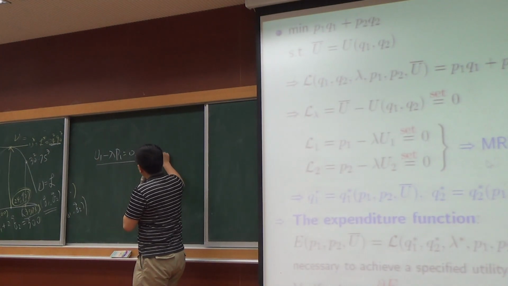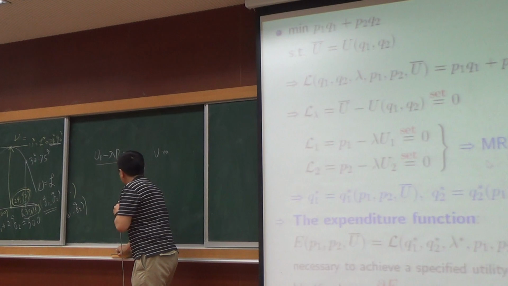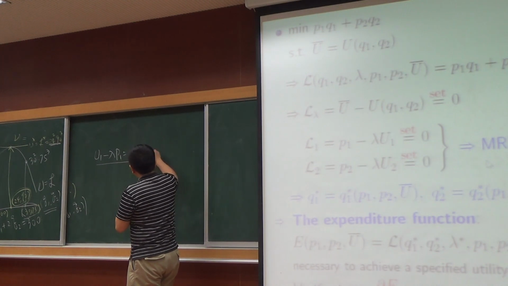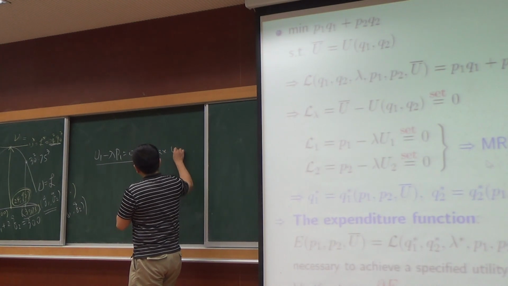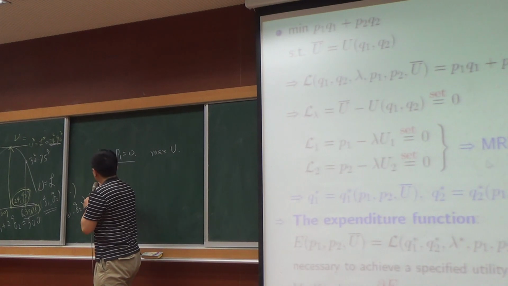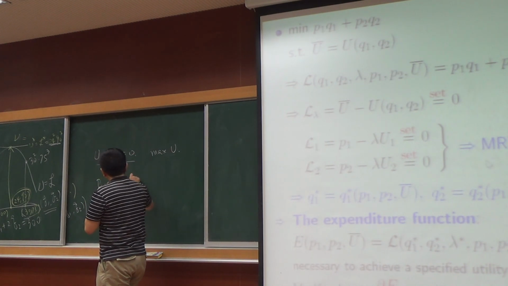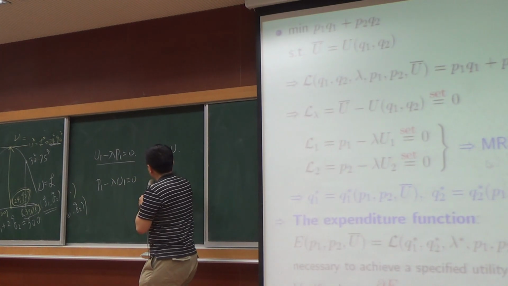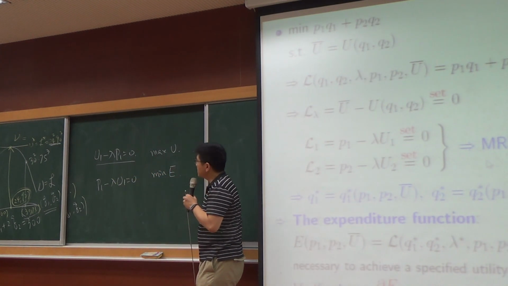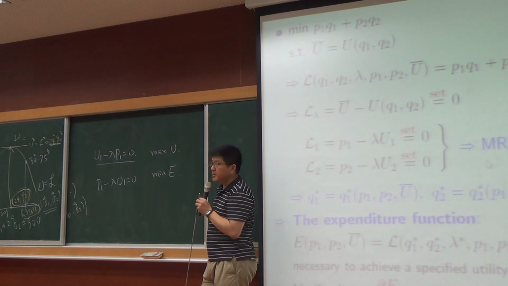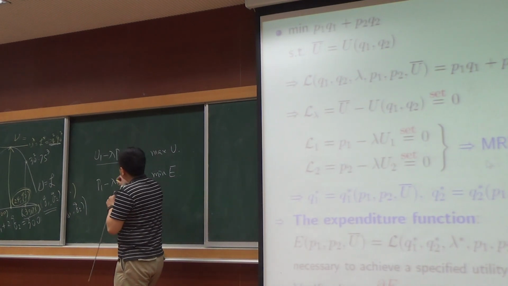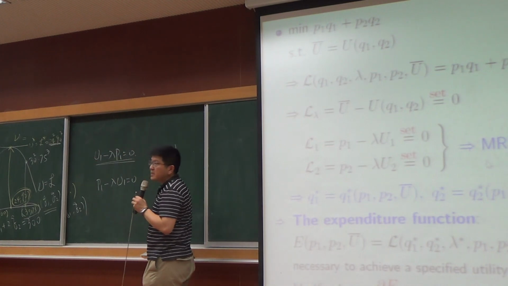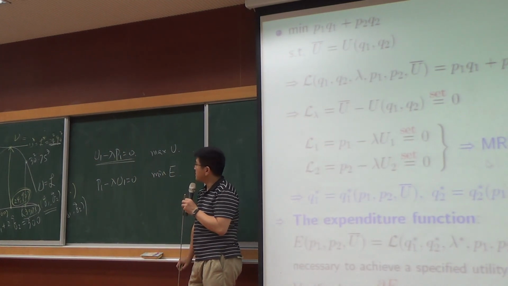This is in the utility maximization problem, where we want to maximize our utility. And P1 minus lambda U1. This is the condition in the expenditure minimization. Okay? Here, how can we interpret this first order condition?